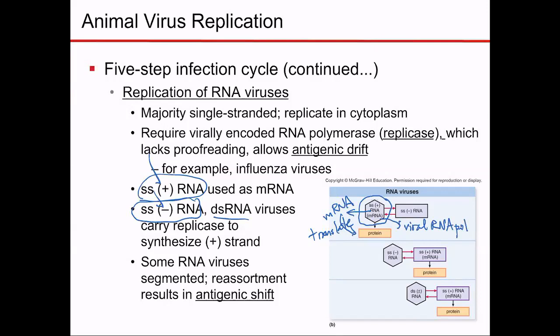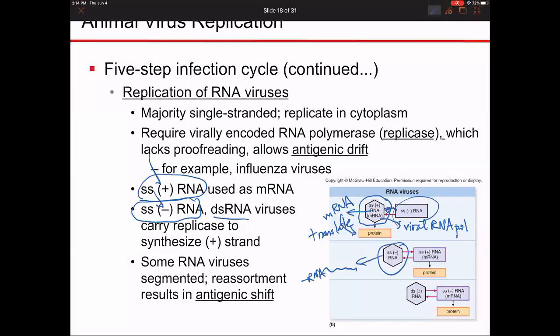Now, if we talk about a negative RNA virus, what that means is that when the RNA of this virus, the genome, is released into the cell, that genome cannot bind to a ribosome, cannot be translated. Before that happens, the complementary RNA strand has to be produced, and this will be the positive RNA that now can be translated into a protein.